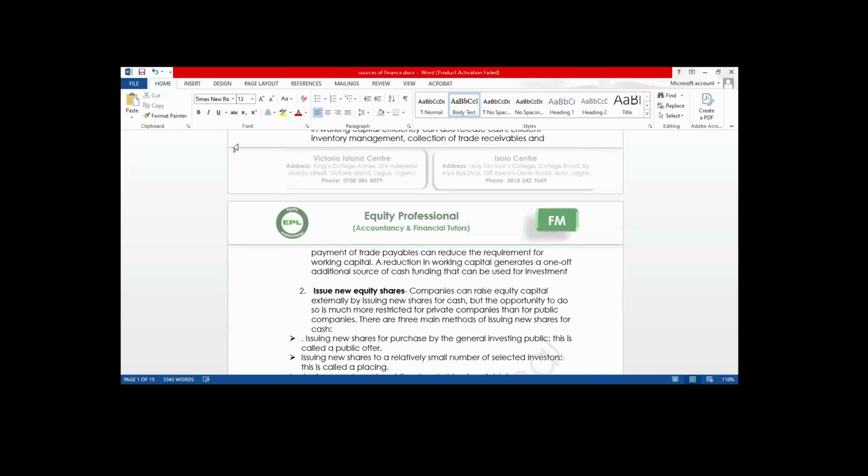Therefore, the process will enable a company to generate a one-off source of financing. This one-off source can be used to fund investment. Hence, we can adopt this process as a source of financing.